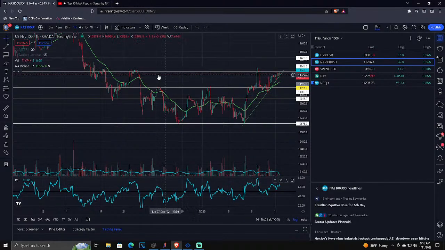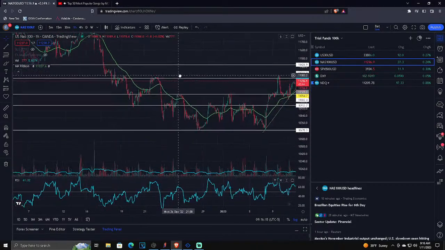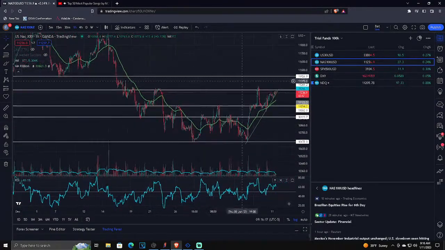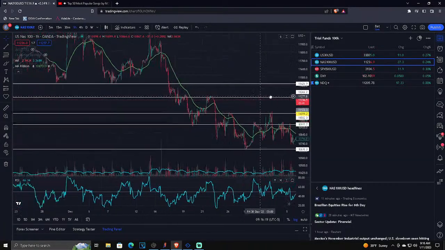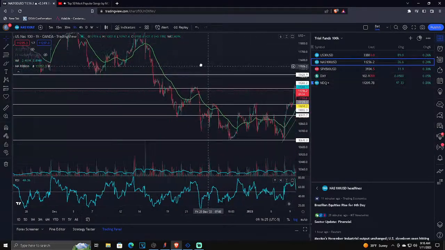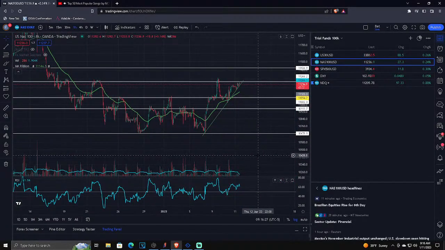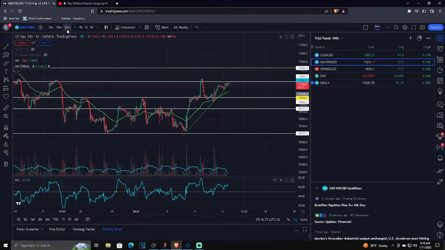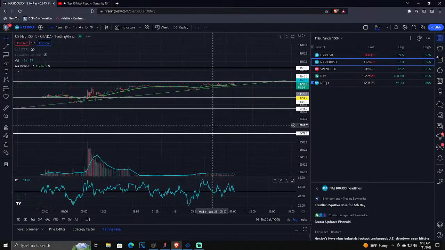There was resistance here, resistance flipped from support, and then one level above where we are currently trading, back here would be the next level of resistance where we've had a support touch and a support touch. So I try to go at least 2 levels below currently trading and 2 levels above. Then we'll go back to the 5-minute chart here.